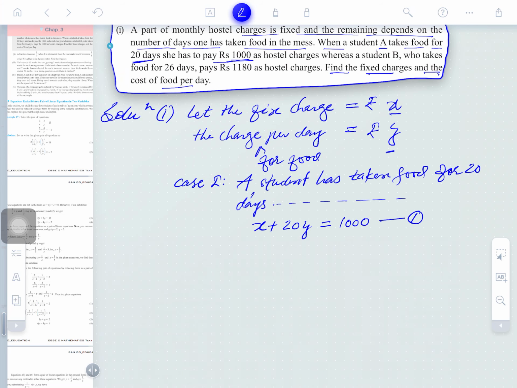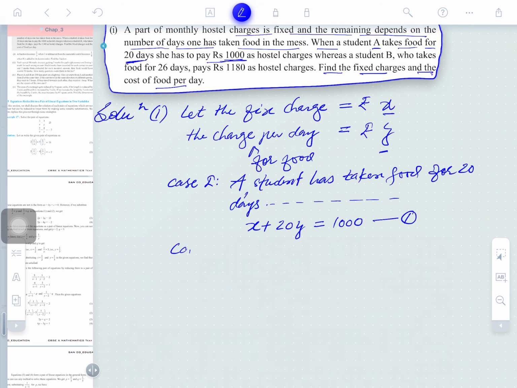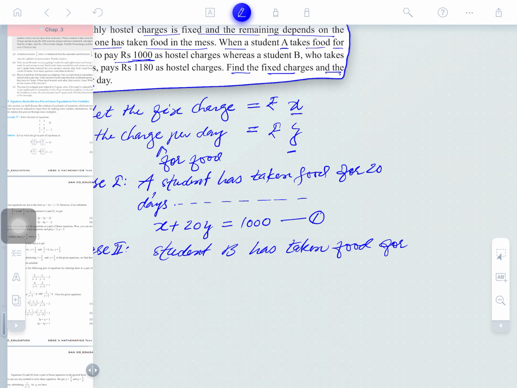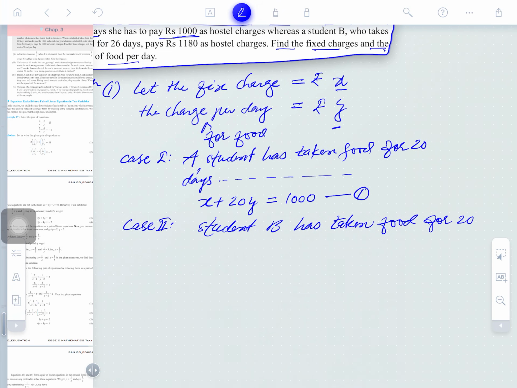Clear? Now the second case. What is the second case saying here? Student B has taken food for how many days? 20 days.